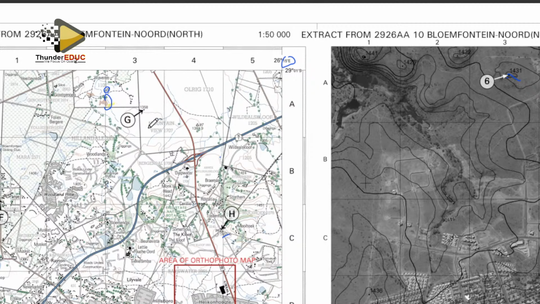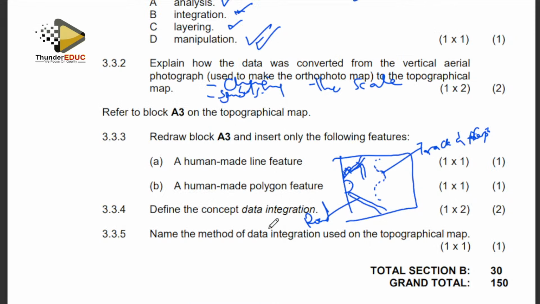So you can draw anything that you know you will get a mark from, so long as they want you to draw it. Okay, let's look at the last question. The last question says, what is data integration? Just like the way you hear the word data integration here. What is to integrate? You put things all together.